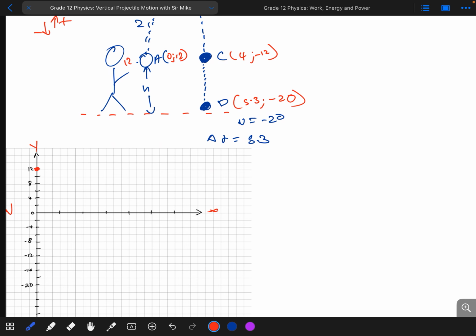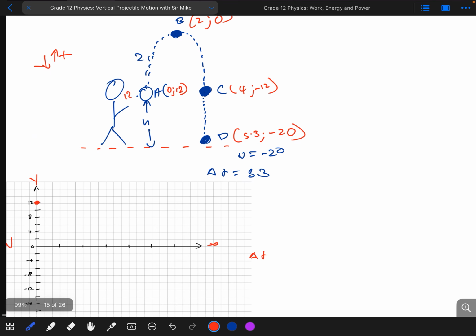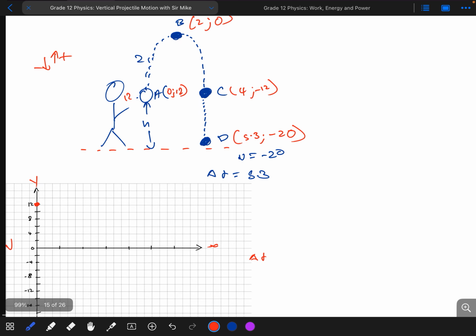We said the y-axis represents the velocity, and the x-axis represents the change in time. So point A would be there, where we have 0 is to 12, and point B is 2 is to 0. Suppose that's 1, 2, 3, 4, 5, 6 there.